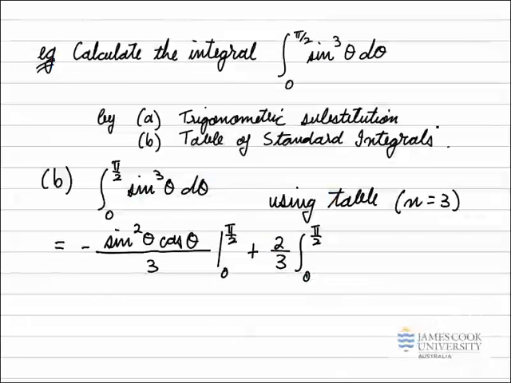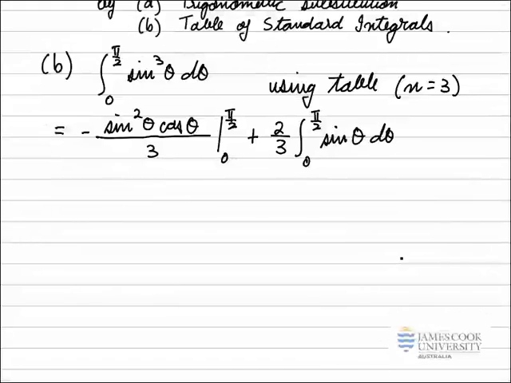So in our case we'll replace that with the integral of sine theta d theta. We've still got an integral to do, but this is a standard integral, so we have transformed the complicated integral into a standard integral using the table. We'll need to evaluate the limits, but we'll do that in the next step.